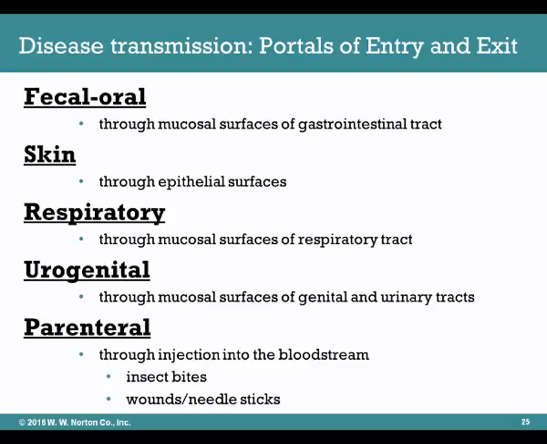And then parenteral, which is through injection directly into the bloodstream. That's like the example of Zika and how the insect bite transmits the Zika virus to our bloodstream. But it can also be through dirty needle use of IV drug users.